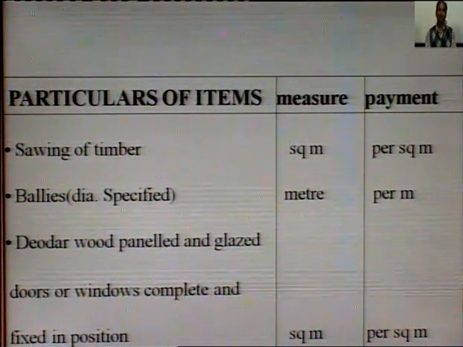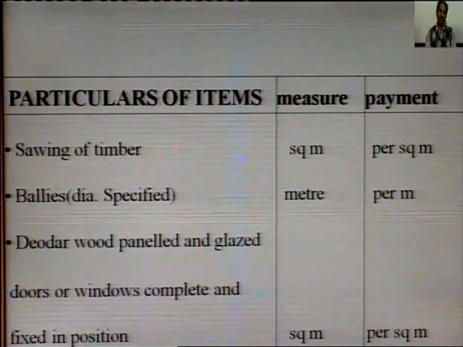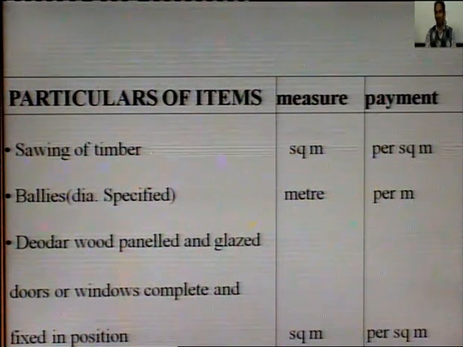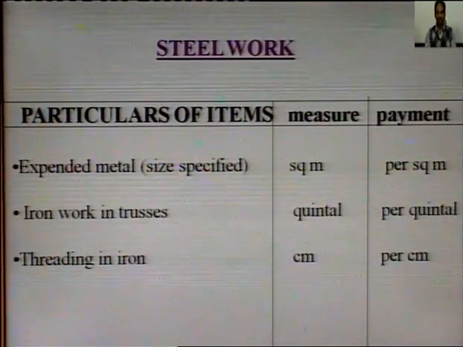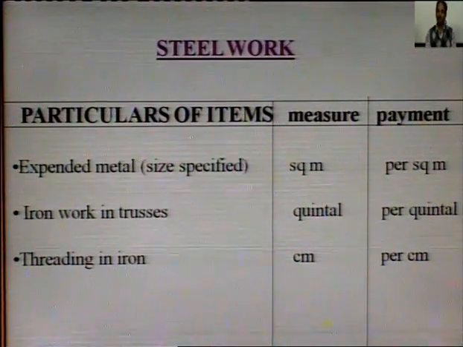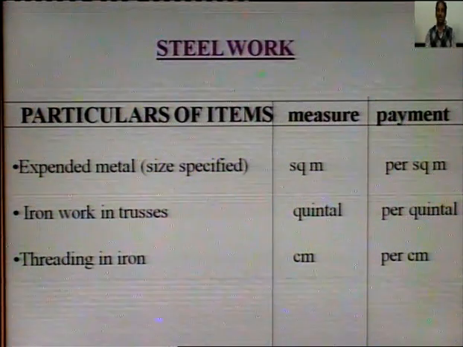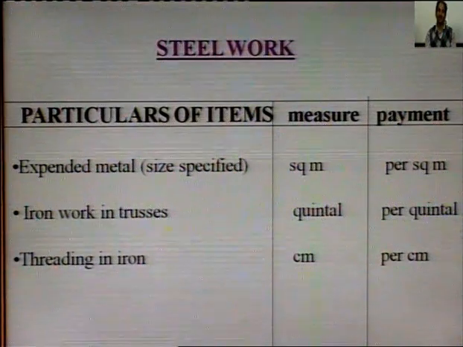And then any deodar board paneled glazed door and windows complete and fixing in position, your unit of measurement is square meter, your unit of payment is per square meter. And then expanded metal is measured in square meter, unit of payment is per square meter. Iron work and trusses, iron is used, measured in quintals and your unit of payment is per quintal.